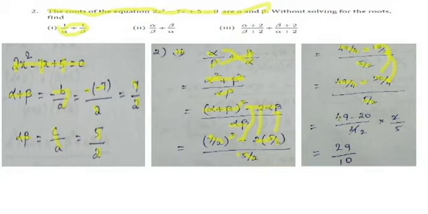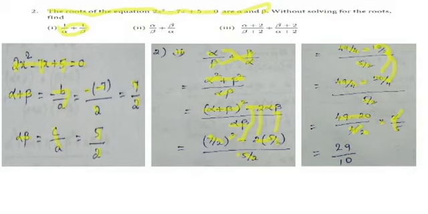So 49 minus 20 divided by 4 into, if the fraction goes to numerator, it becomes reciprocal. So 5 by 2 becomes 2 by 5. So cancel this 2 and 4. 2 2s are 4.